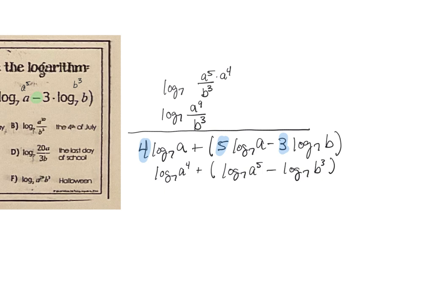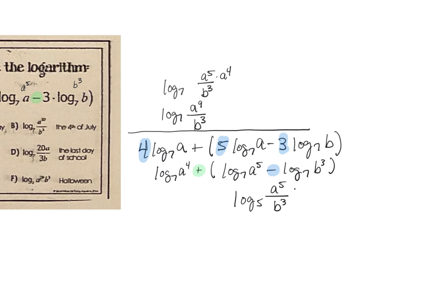Now remember that minus means divide and plus means multiply. So that means that we're going to rewrite the term inside the parentheses as the first term divided by the second, and then we're going to multiply the first term times this result.